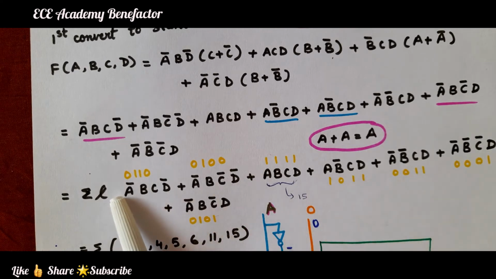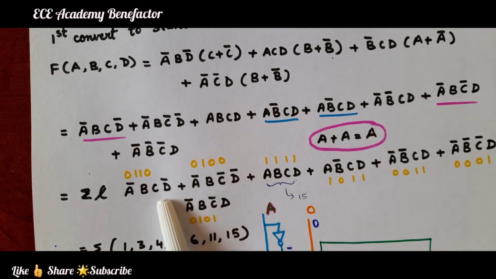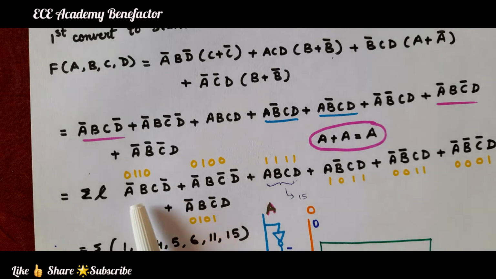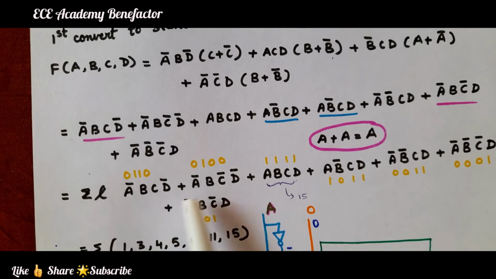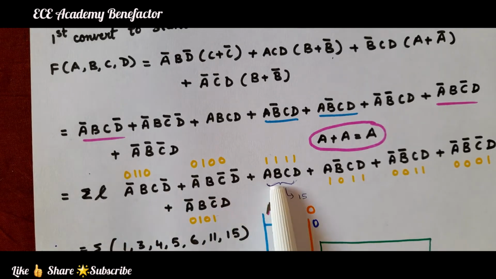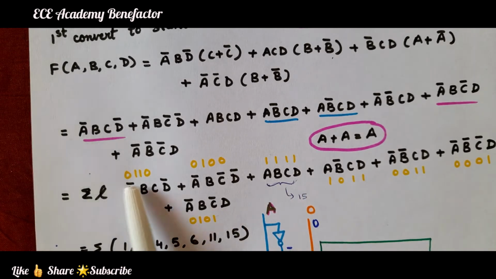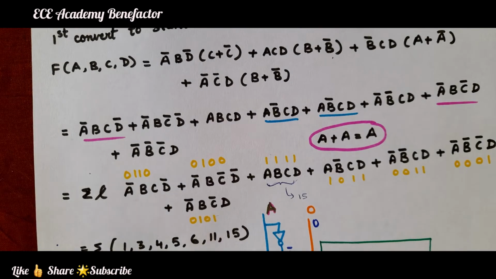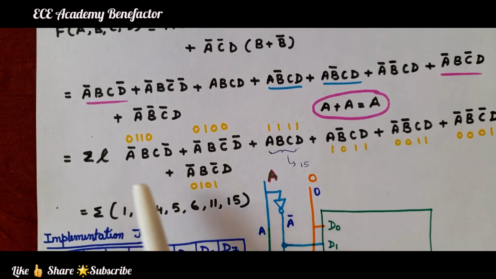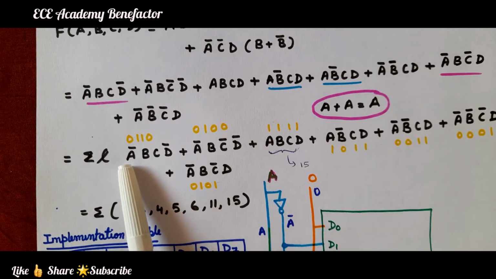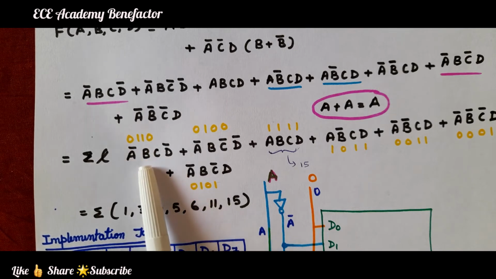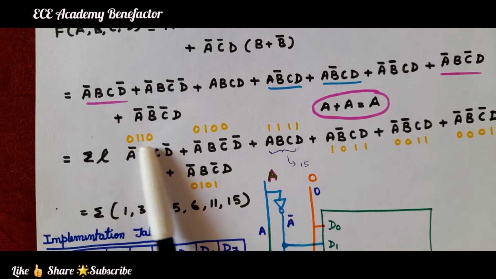Okay, now we got this Boolean function in standard SOP form because now each term is having every literal A, B, C, D. Now, you have to convert it into binary numbers to find the list of minterms. So, you know A bar is 0 and B is 1, C is 1 and D bar is 0.